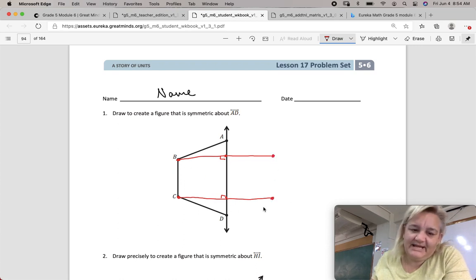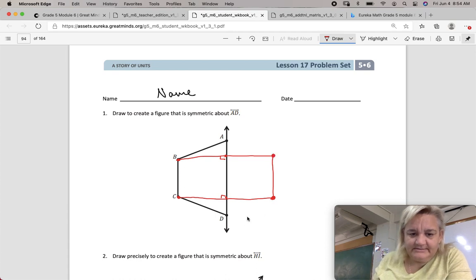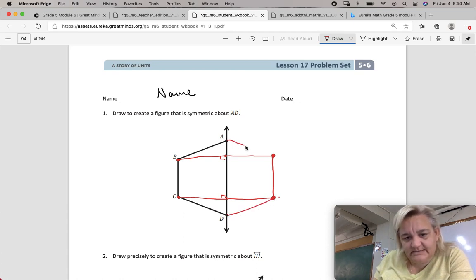Now I can create two points there, and then I just connect the dots, like you're a little kid. There we go.